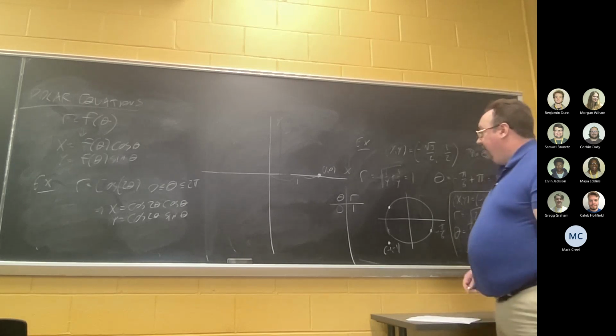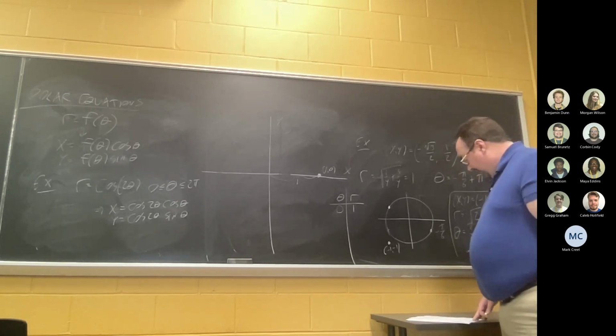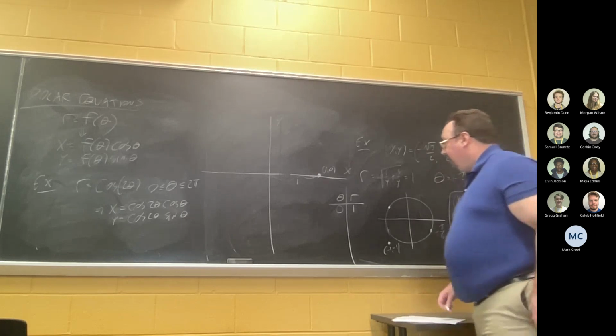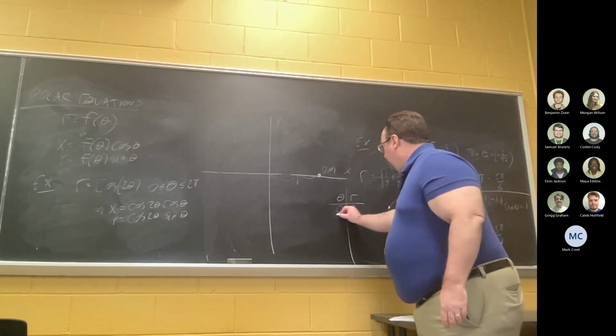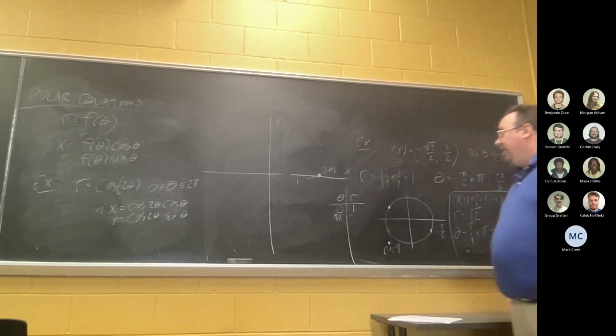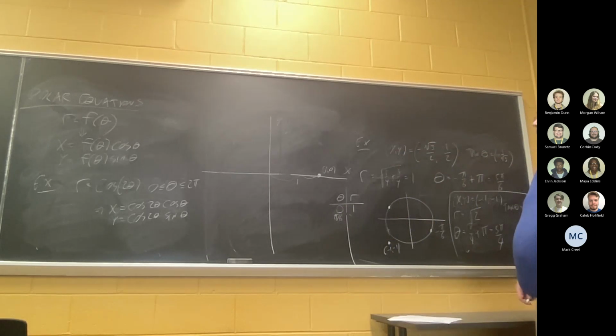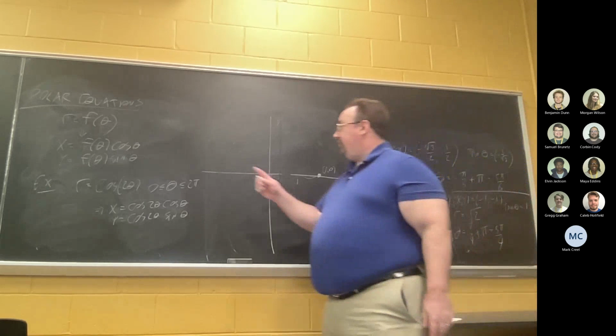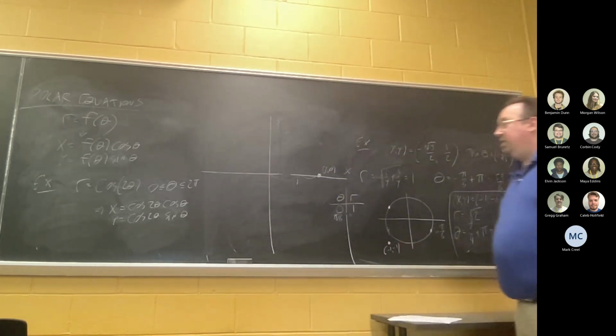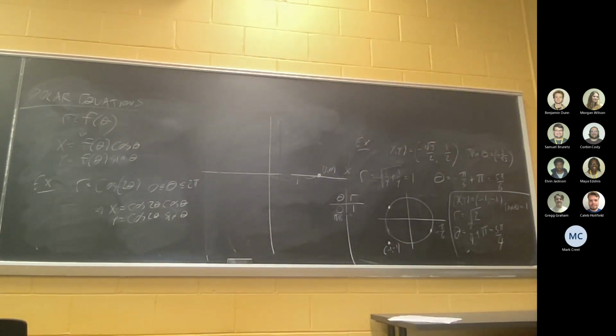Now, if I pick another angle, let's say theta equal to pi over 6, cosine of 2 theta would be cosine of pi over 3, which is 1/2.